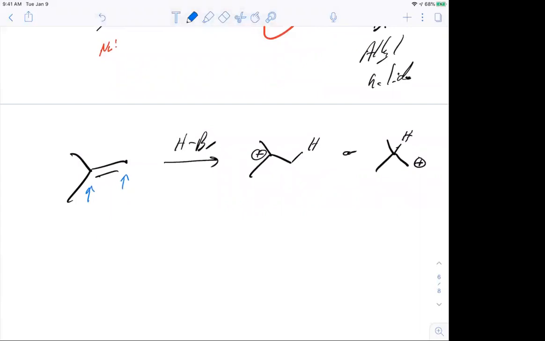I need to consider the stability of my intermediate. Okay. In this case, this is a tertiary carbocation, and this is a primary, sorry, carbocation. Right, which means this is going to be more stable.